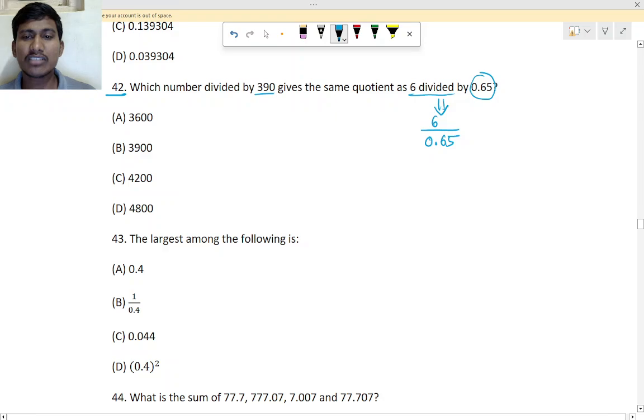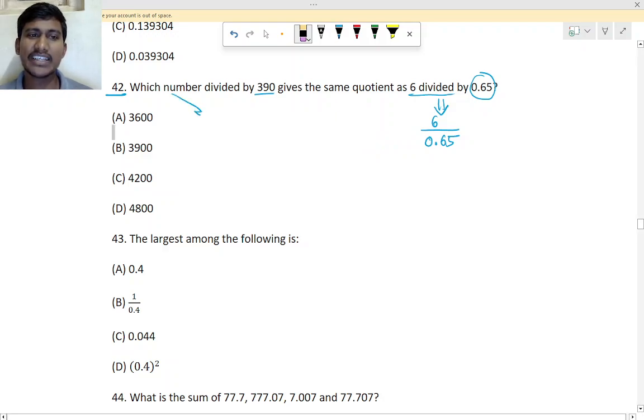So which number is divided by 390? So divided by 390, you will get the same answer they are asking. Same answer means we have to write equal to sign.